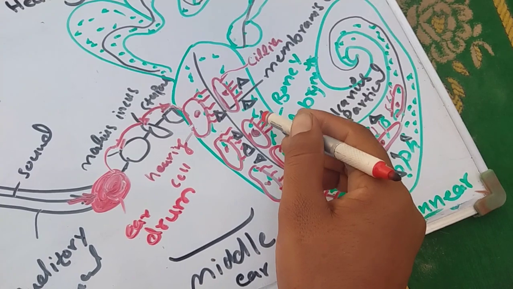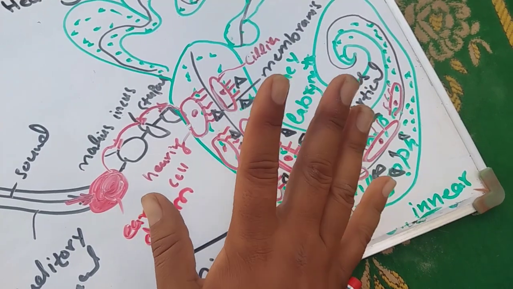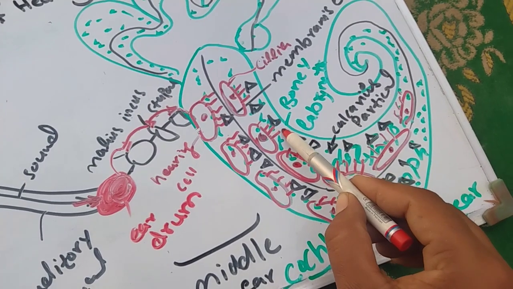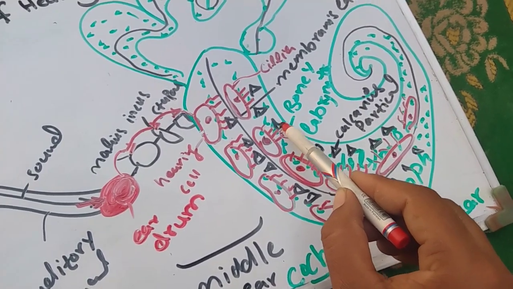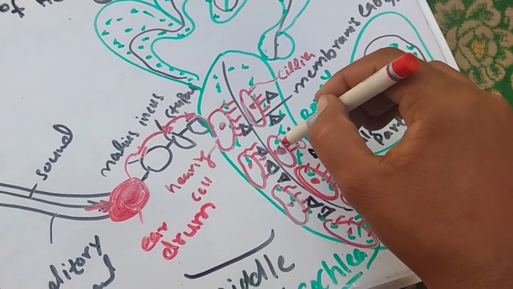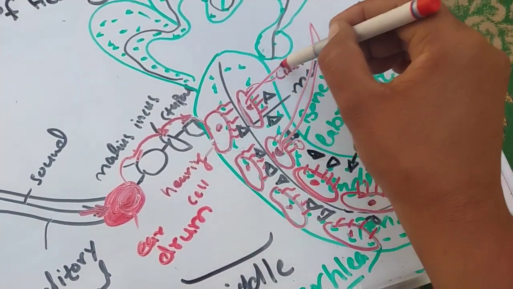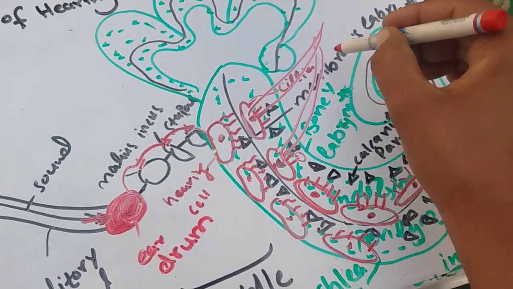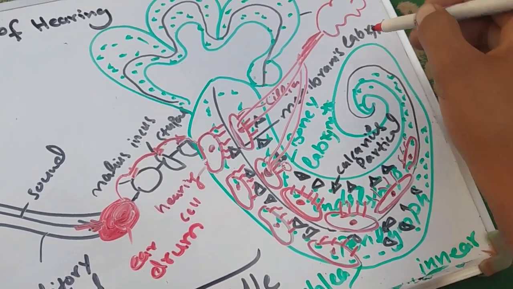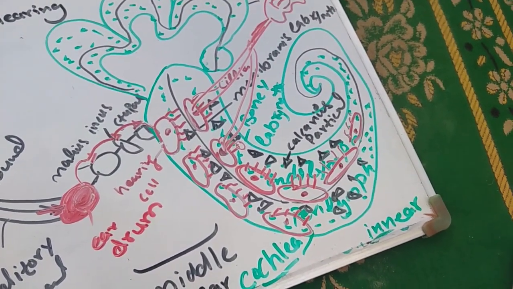When the calcareous particles attach to the surface of the cilia, they produce an auditory nerve impulse, because the hearing cell consists of auditory nerves. The auditory nerves originate from the hearing cell and enter the brain, and the brain reads this sound.